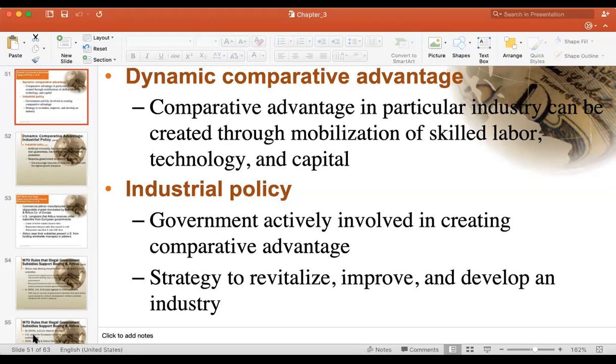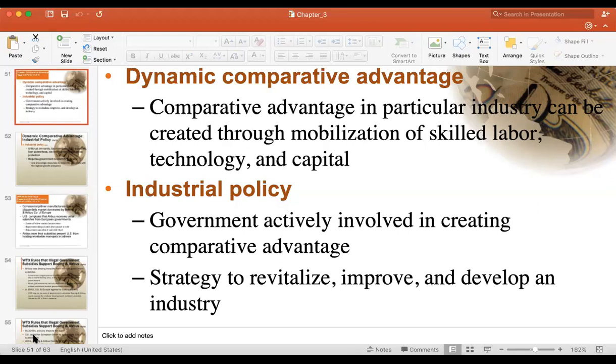And Japan did not have a competitive advantage in the steel industry before. But when the government decided that, hey, we need to focus on the steel industry because of its outward linkages, it's very important, therefore we need to support this industry in any way possible, that's why they had industrial policy geared towards the steel industry.